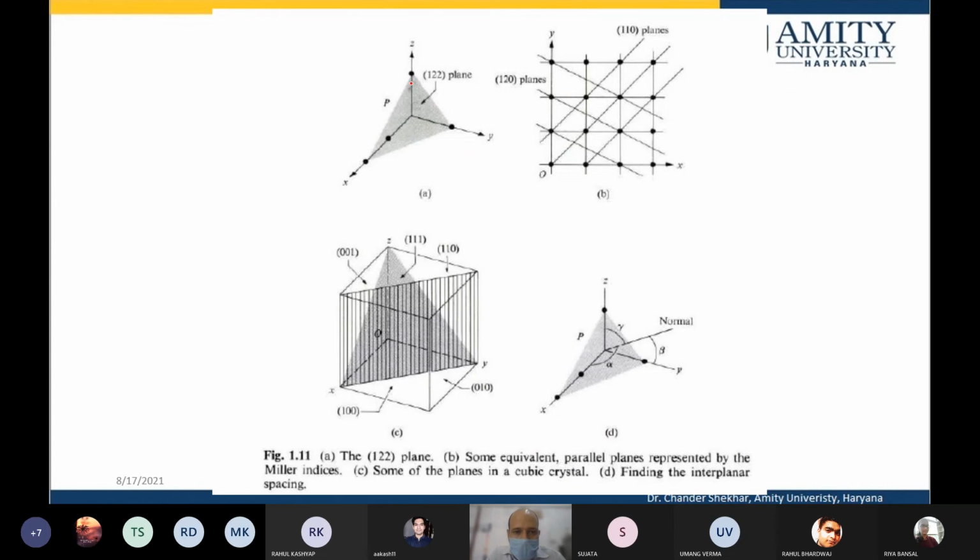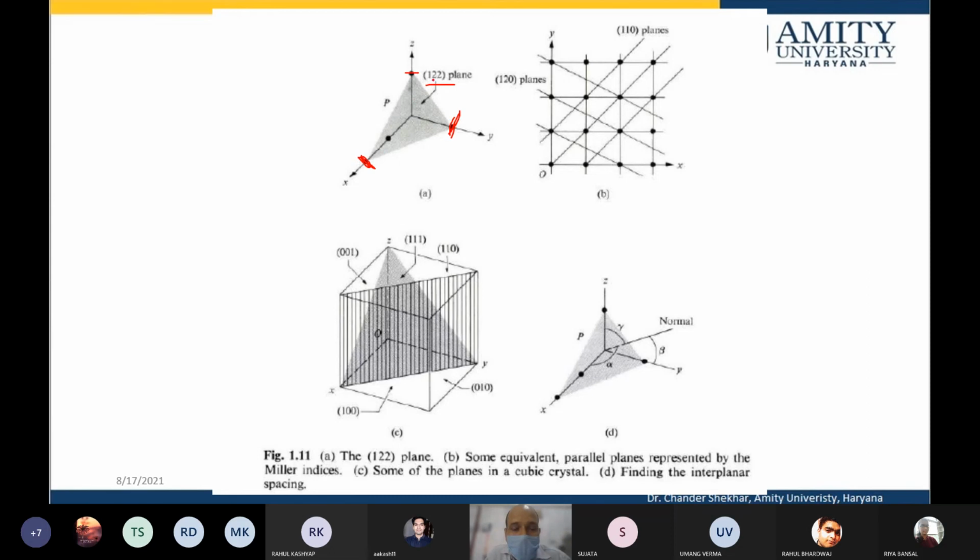So suppose there is another plane with Miller indices say 1 2 2. In normal terms, along the x-axis it is intersecting at 1 times the lattice translation vector, and 2 and 2 on the y-axis and z-axis at these particular points.